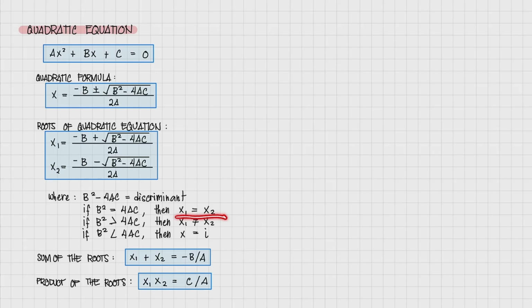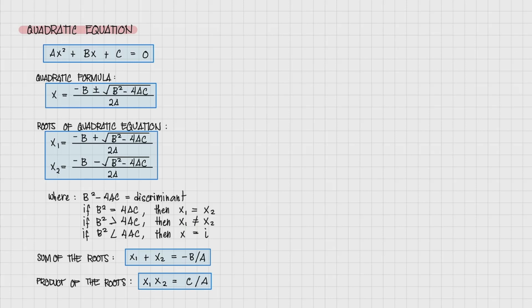Next, so we have here if b squared is greater than 4ac, then yung ating roots are actually irrational and unequal.